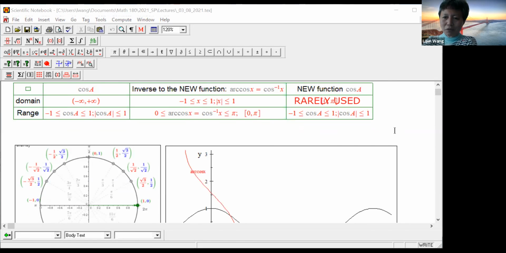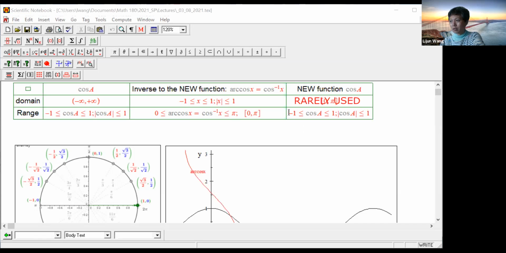That's what makes it difficult, because people tend to think that these two are inverse to each other. No, they're not. This last one and the second one in the middle are inverse to each other, but this one is rarely used.